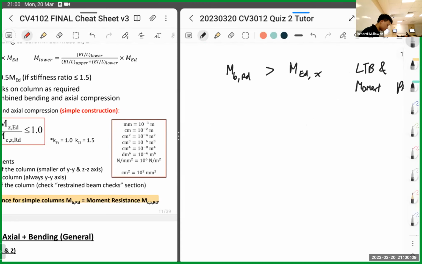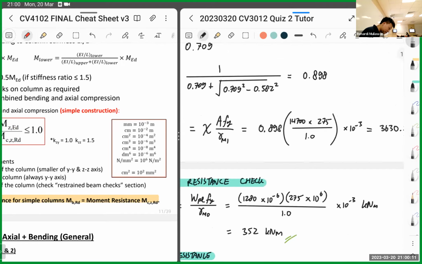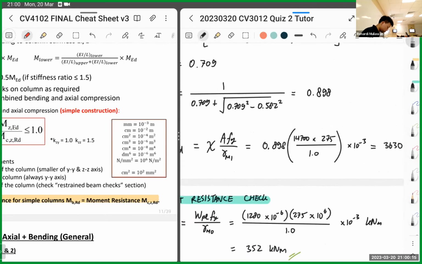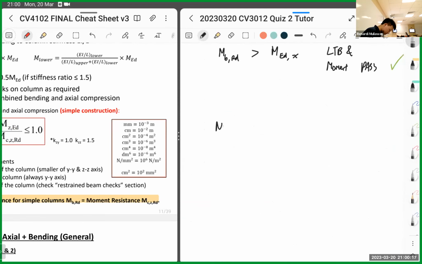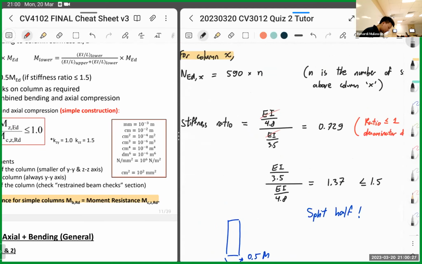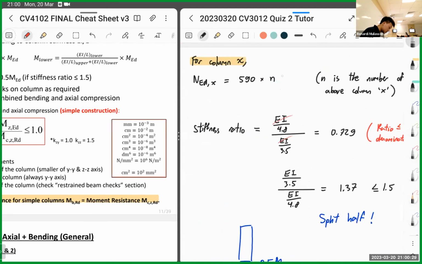So how do you check? Just now we know that NBRD is 3630.2 kilonewtons, right? And remember that the force on column X is 590 times N kilonewtons.